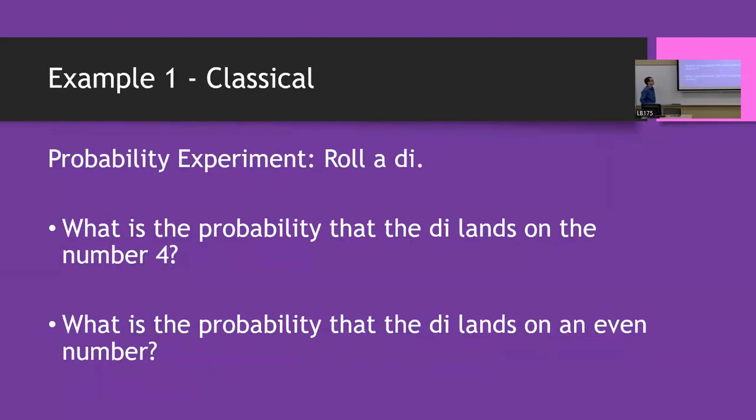Let's do an example of these. So for my classical probability, we're going to roll a standard die. Now, whenever we're rolling a die, some people, by the way, when they spell die, spell it D-I. Some people spell it D-I-E. Fine, whichever way you want to do that. I don't necessarily care.